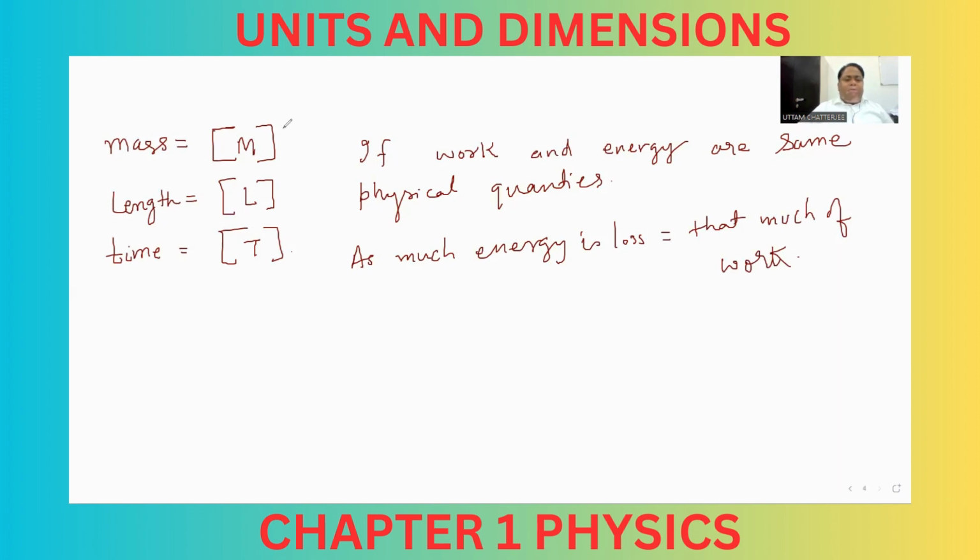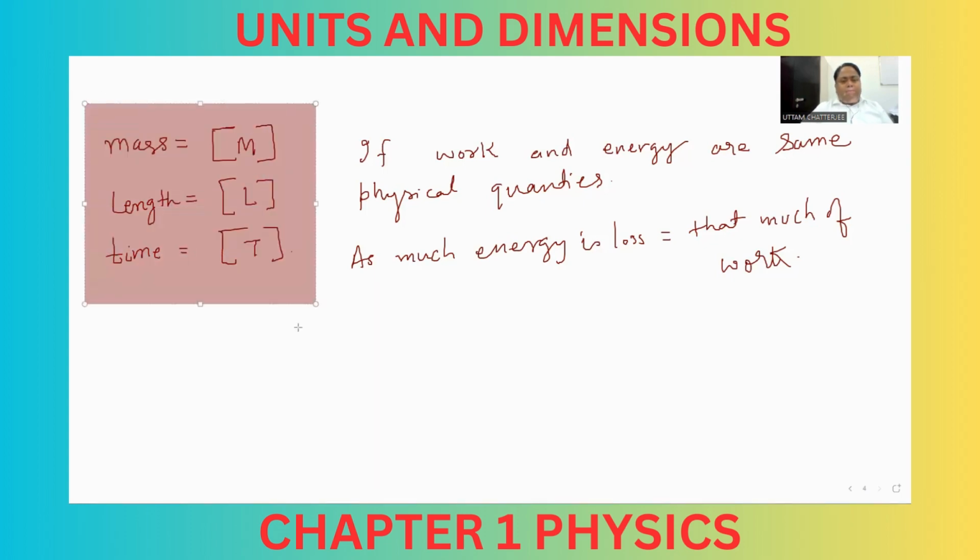Now, there is a term given for this short form. It is called the dimension of the physical quantity. So let us study a little bit about dimension of physical quantity.